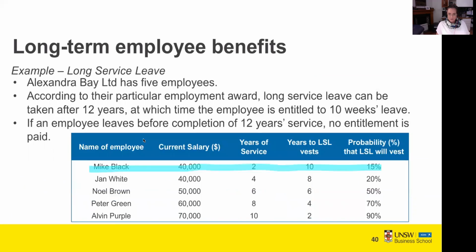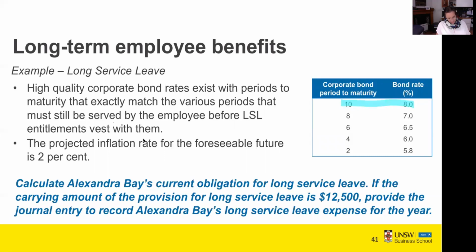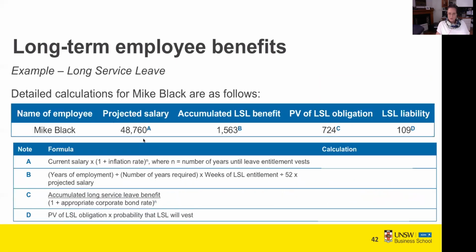So we saw that his current salary was $40,000. We can also see that the projected inflation rate is 2%. So if Mike is currently paid $40,000 and his salary increases by inflation each year, then in 10 years' time, when he becomes entitled to take the leave, his projected salary is $48,760.